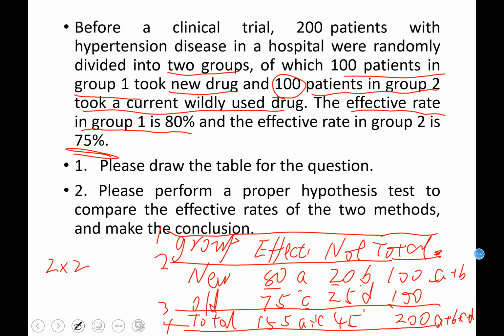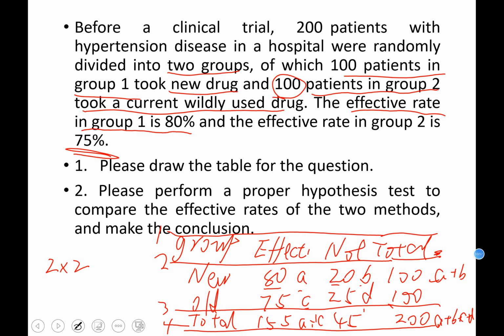And the chi-square test is a kind of hypothesis test. So we have mentioned many times that in a hypothesis test, we have a general procedure. That is step 1, step 2, step 3, and the conclusion.